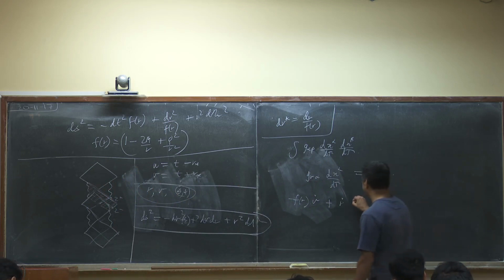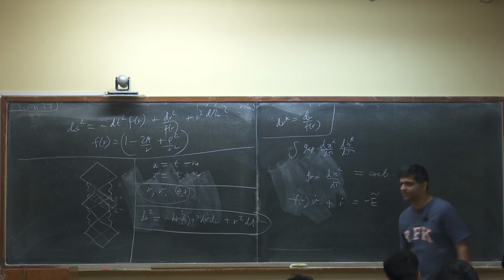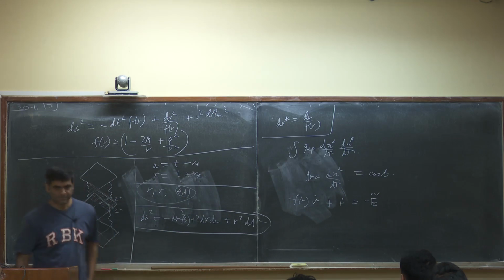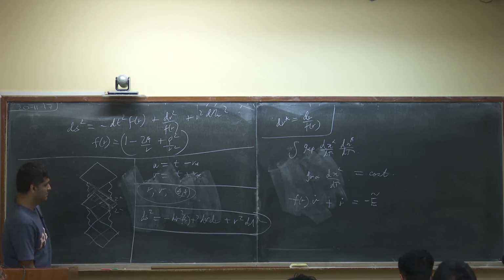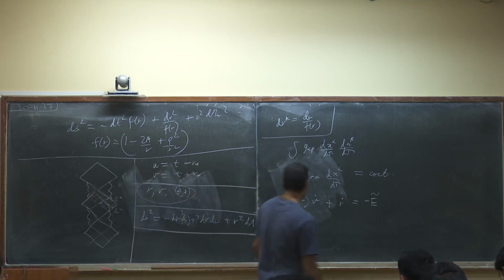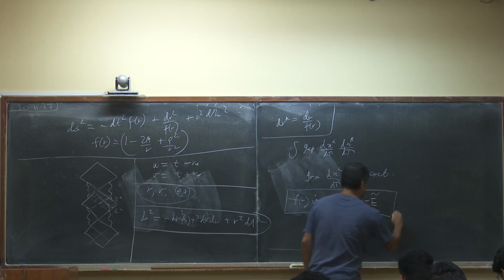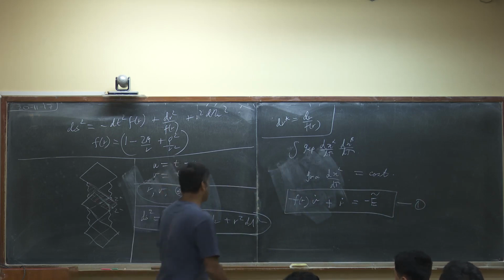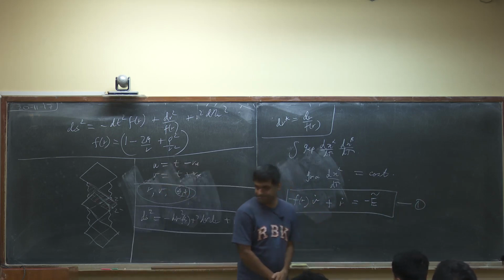This is equal to a constant, and this constant will turn out to be negative, so we'll call it minus E tilde. So that's great. This is equation number 1. We've got one equation for v dot and r dot.